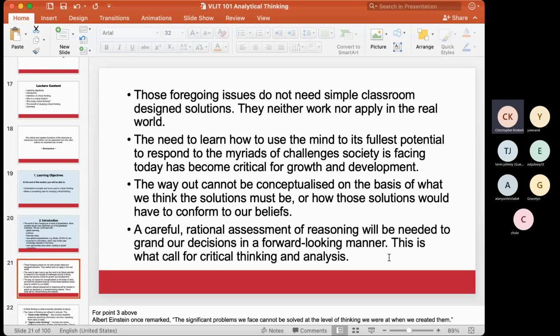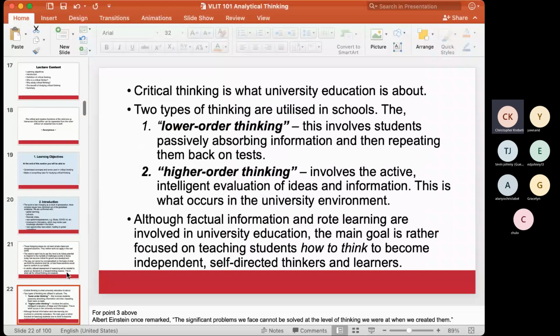This is why critical thinking has become important, or analytical thinking has become essentially important. So when we talk about critical thinking, it is everything, especially when it comes to university education.